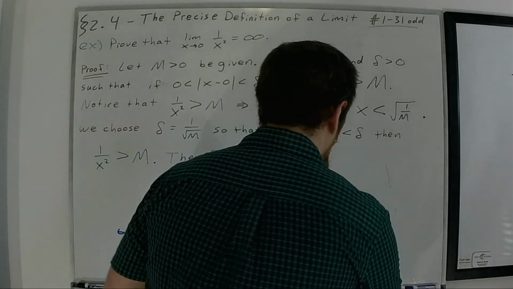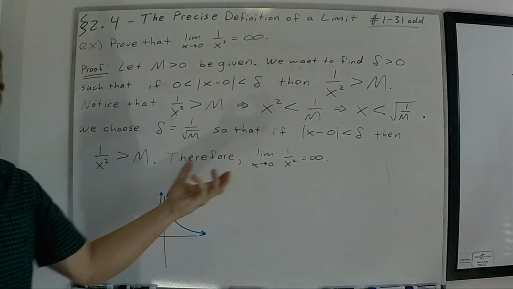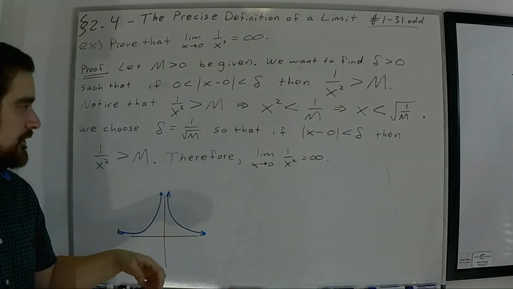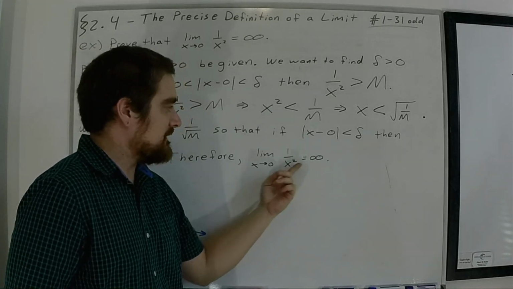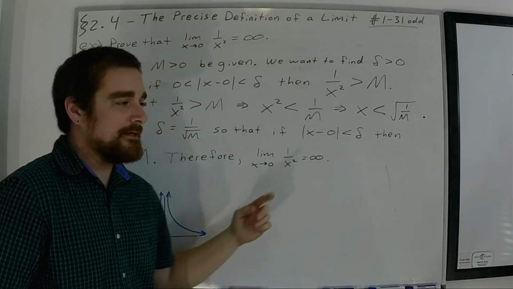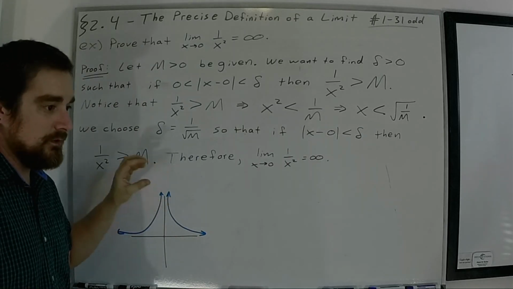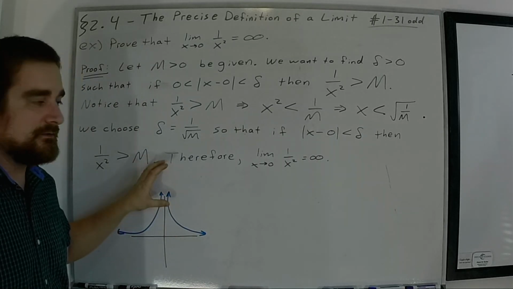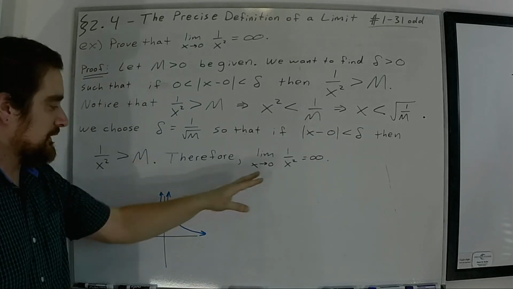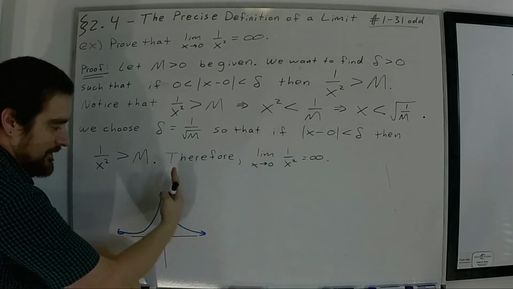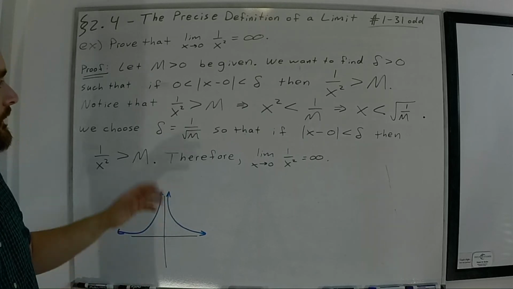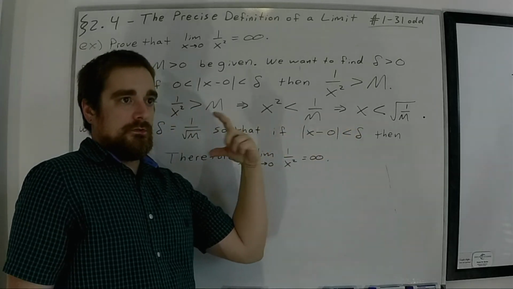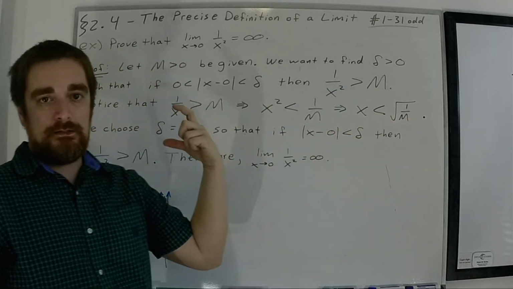Now again, infinity is not like a finite number, so I'm not claiming that this is some sort of capital L. By saying that this goes to infinity, I'm basically saying that the limit itself does not exist. And if you look at a function like 1 over x, where it might go to negative infinity on one side and positive infinity on the other side, you may want to break this down into two separate one-sided limits.